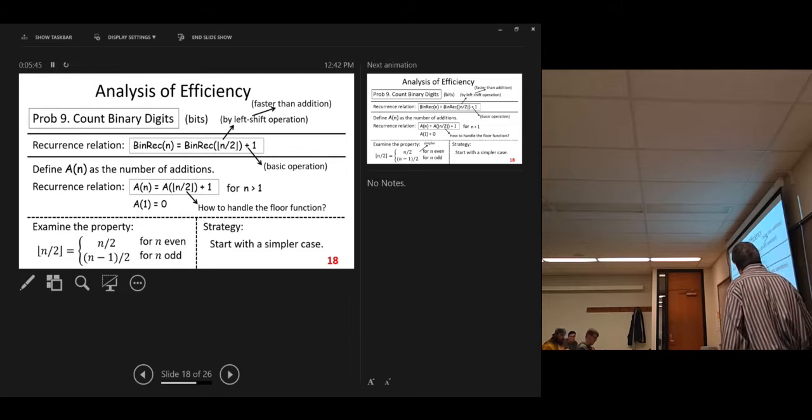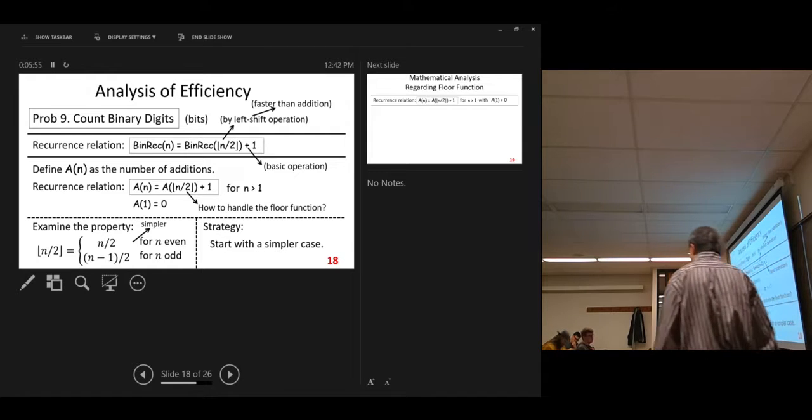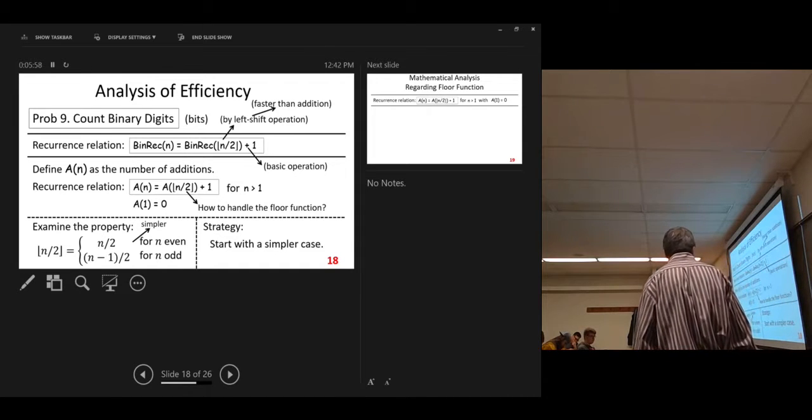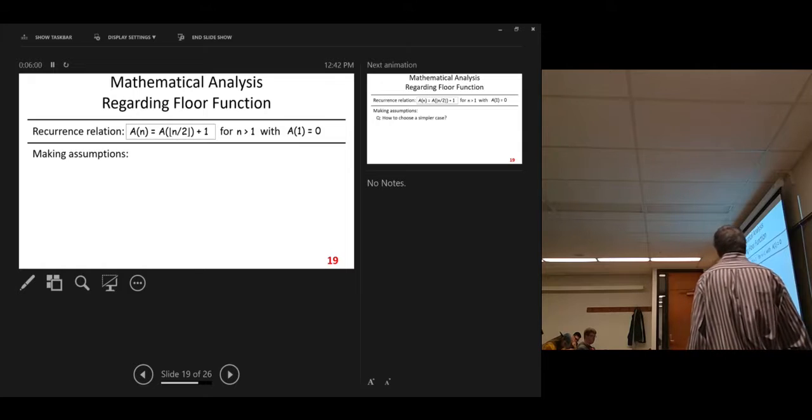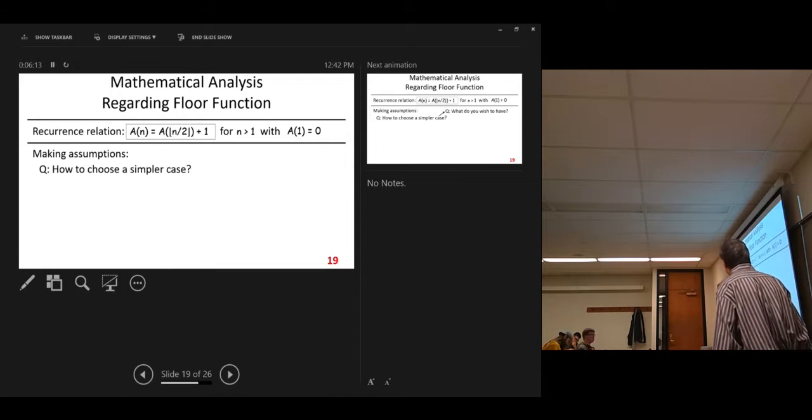Start with a simpler case. This even case is simpler. So first let's assume this n is even, and later let's worry about the harder case. Let's find the best situation for us and find a solution for it.